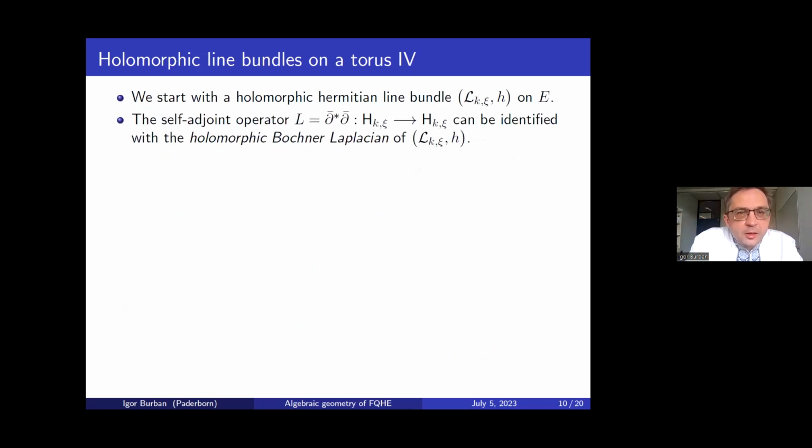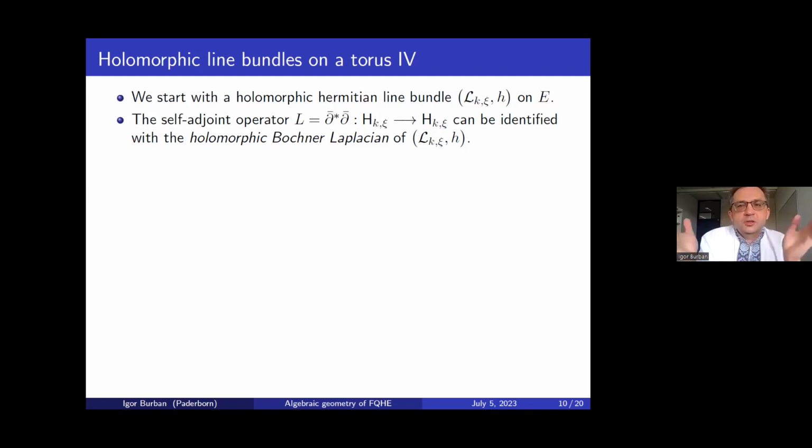And I constructed a Hilbert space and some operator acting on it. And this operator is known in mathematics, and essentially it coincides with a so-called holomorphic Bochner-Laplacian of a Hermitian holomorphic line bundle.